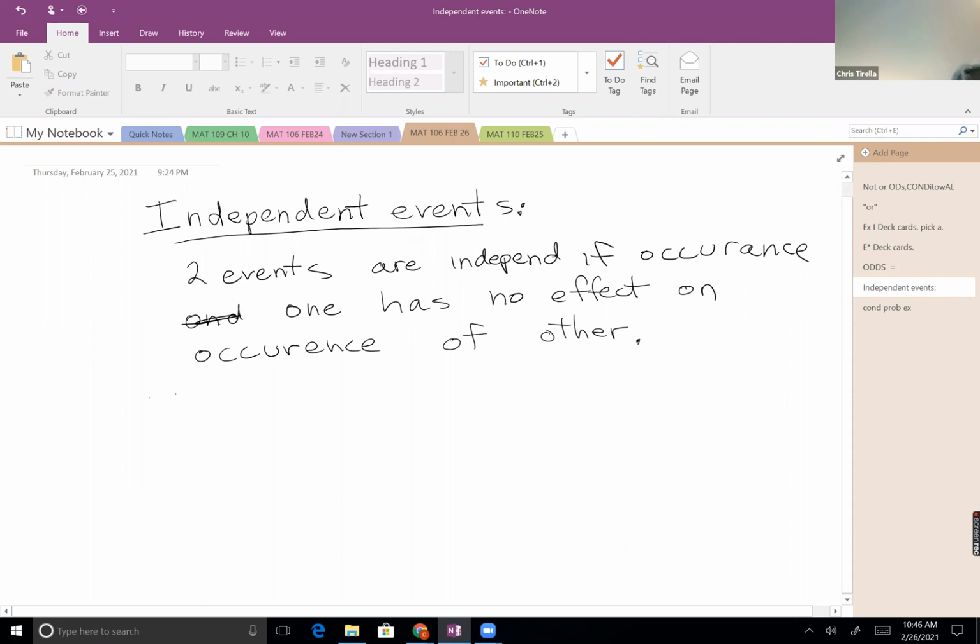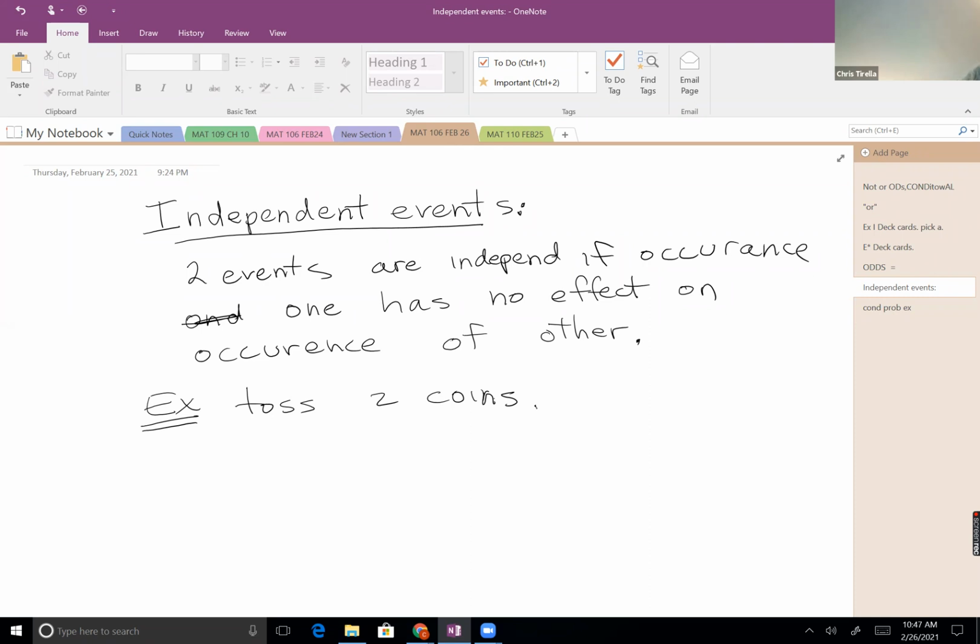So for example, if I toss 2 coins, the first coin's going to be either a heads or a tails. The second coin's going to be either a heads or a tails. But what happens on the first coin, does it have any effect at all on what happens on the second coin? No, they're independent.